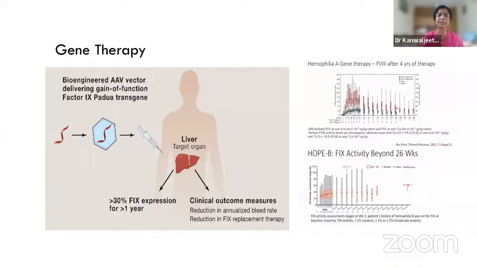So body cells are taken out, transfected with gene ex vivo, and then infused back, and they kind of settle in the body. So that is more risky, needs conditioning of the body with chemotherapy, whereas this engineered technique, adeno-associated vector, would directly transfect the liver, which is the source of factor 8 and 9 synthesis. And that is the current recommended technique. Research is going on.